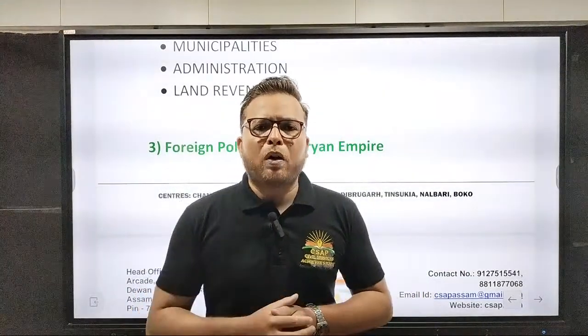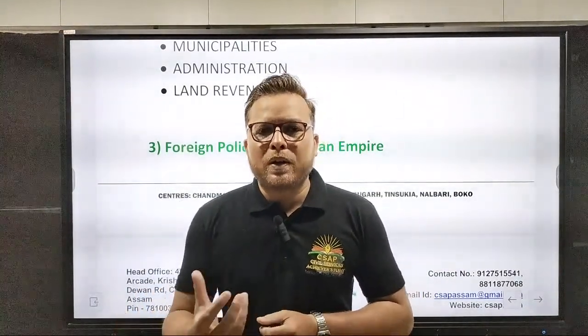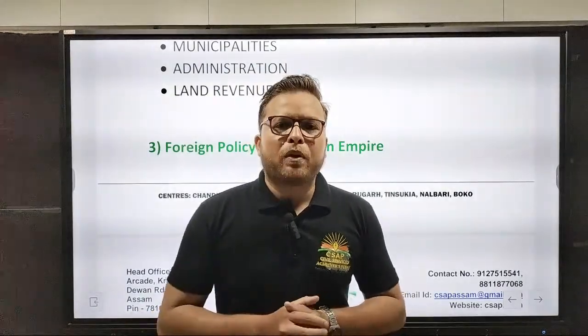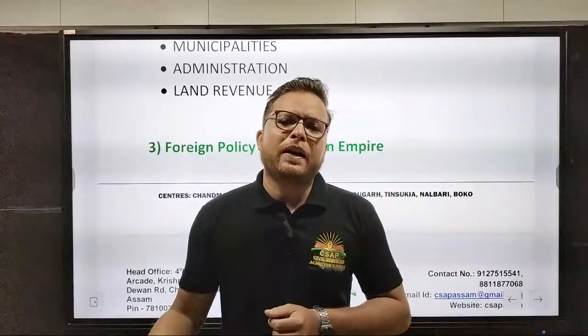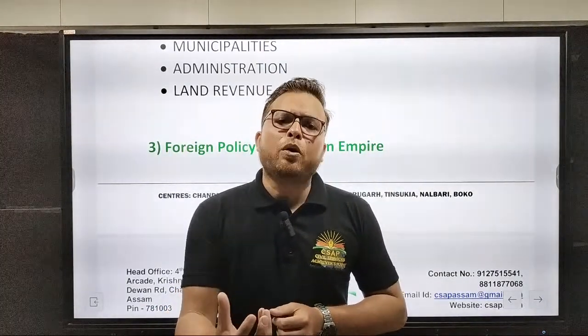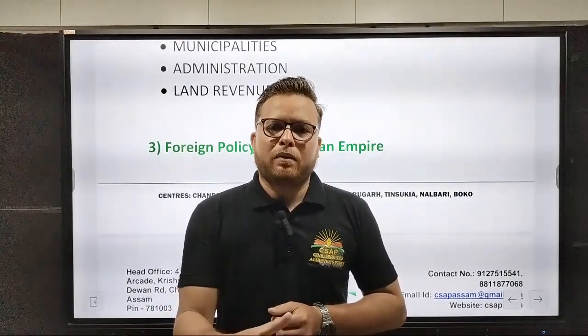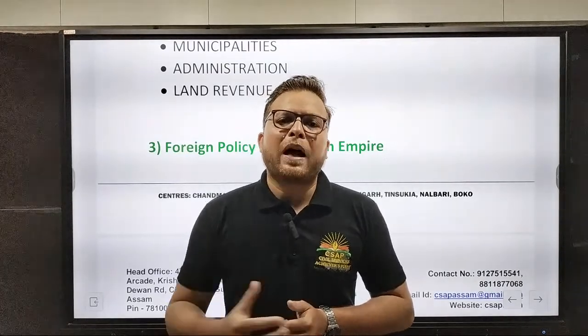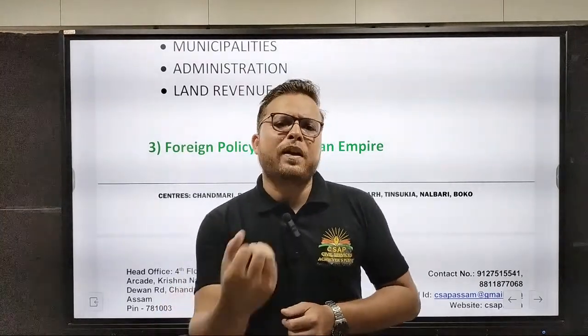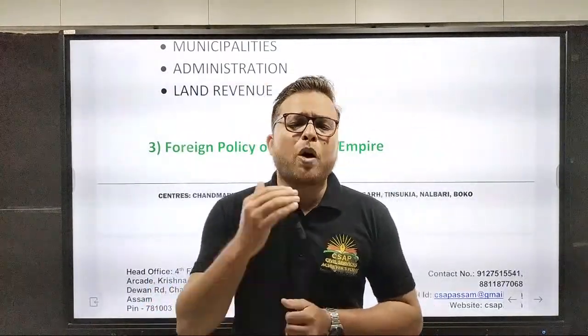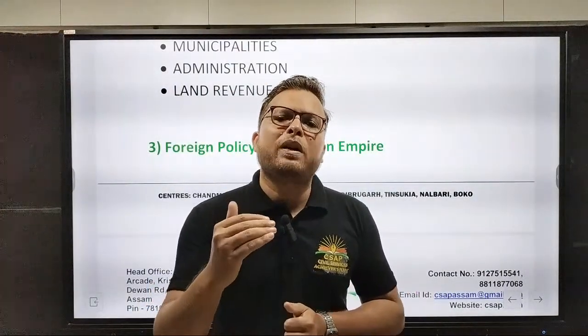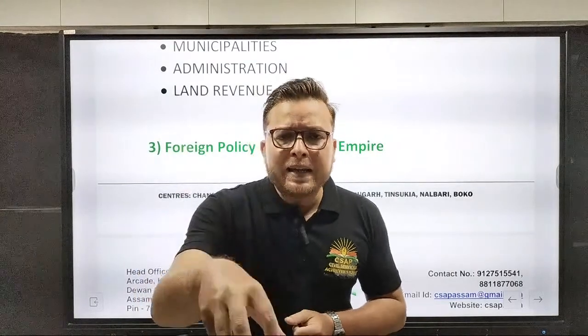Ashoka also was able to annex Kalinga, and after annexation, he created a separate province by the name of Toshala, which included Kalinga. But all that was happening before, or till, the Battle of Kalinga.